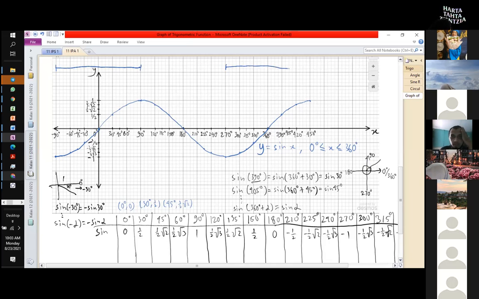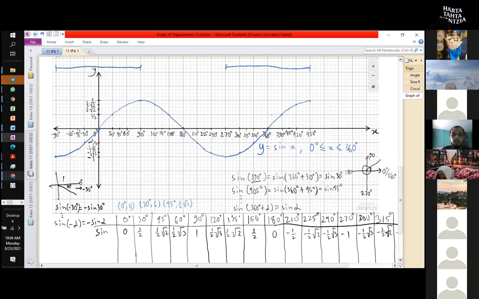And if you continue, the next 180 degrees from 450 will look exactly the same as this part. So it will always repeat periodically.